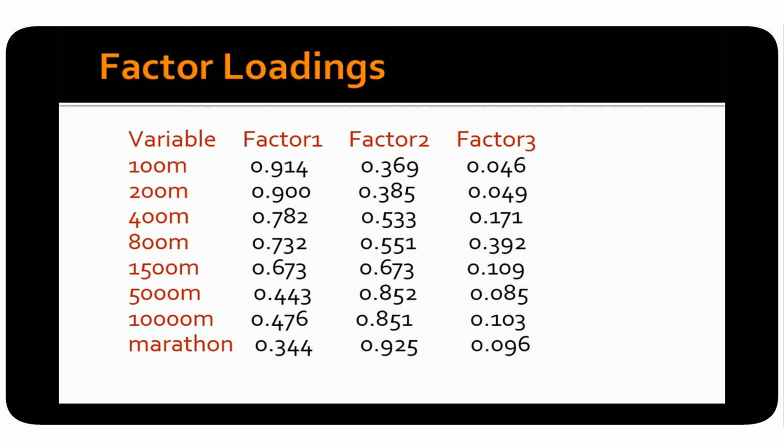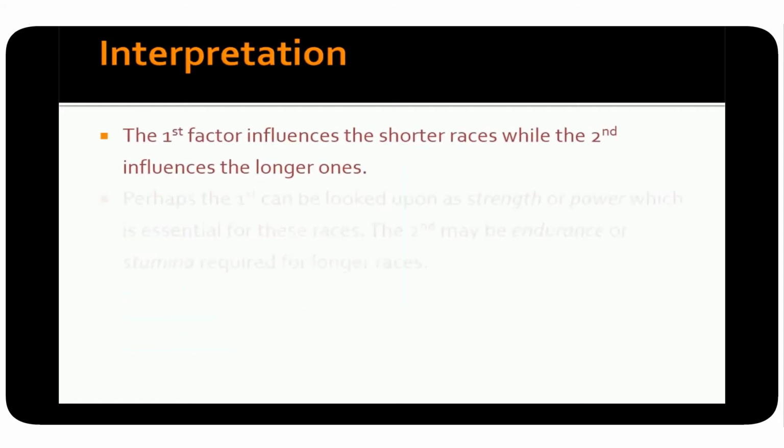Next, we go to factor 2, and now we see that the 100 meters has a factor loading of 0.369, 200 meters 0.385, whereas 5000 meters has 0.853, 10,000 0.851, and marathon 0.925. What does this mean?